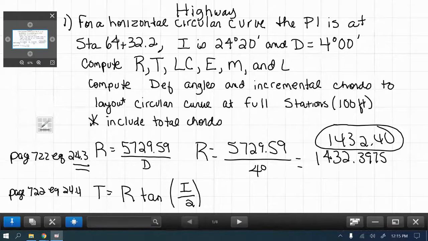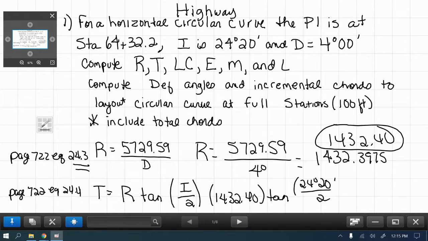Now with R, I can solve for T. I'm going to round it to 2 decimal places. My I is 24 degrees 20 minutes, and that will get me my T. I'm going to plug that in real quick just to see.